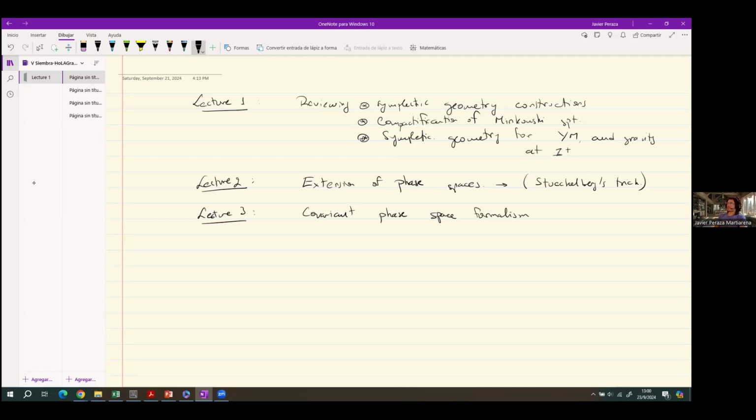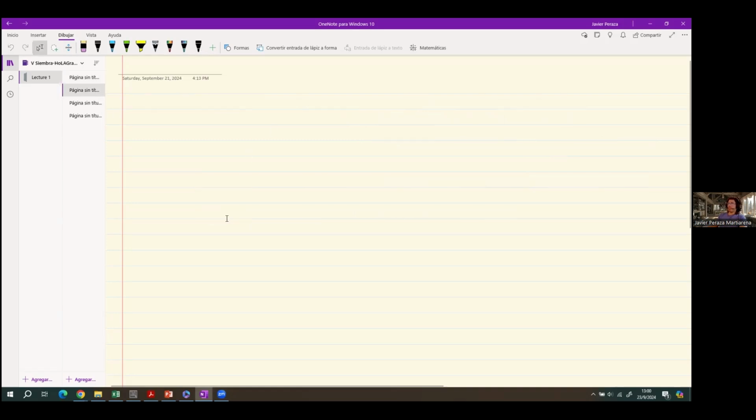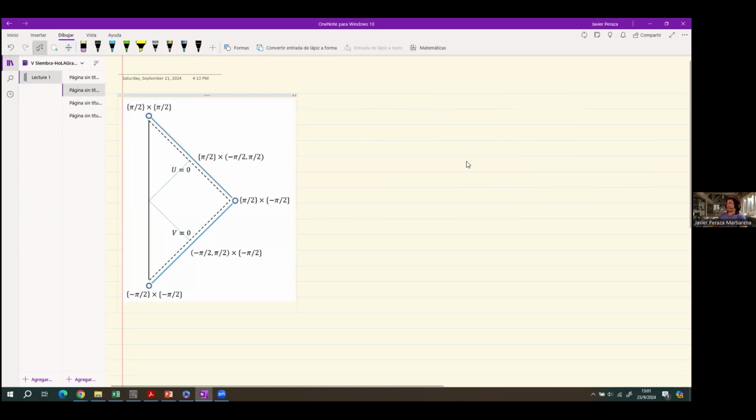Okay, so let's start then with the compactification of Minkowski spacetime. This is a nice drawing that one can make. This is the Penrose diagram for Minkowski spacetime. We have the usual compactifications.